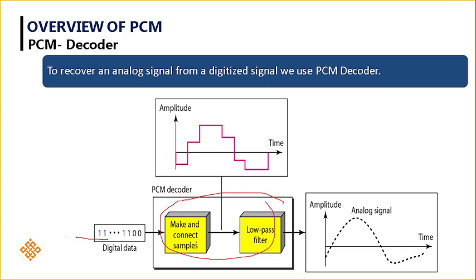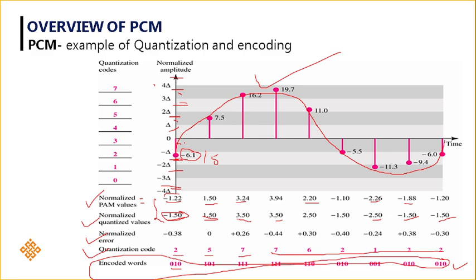Then there is a make-and-connect samples stage, which converts this digital data into a sampled analog signal, which is passed to a low pass filter that converts it back exactly into the previous analog signal we had. So in this way, pulse code modulation is very helpful in converting our analog signal into digital data and digital data back into analog signal.